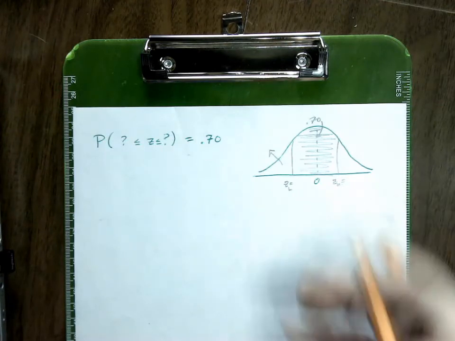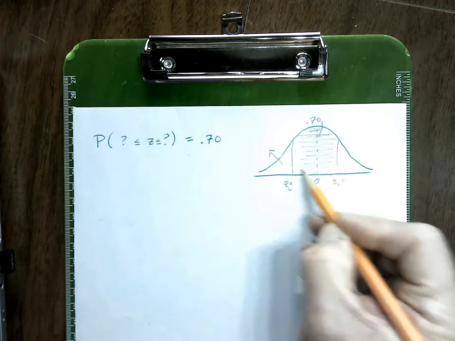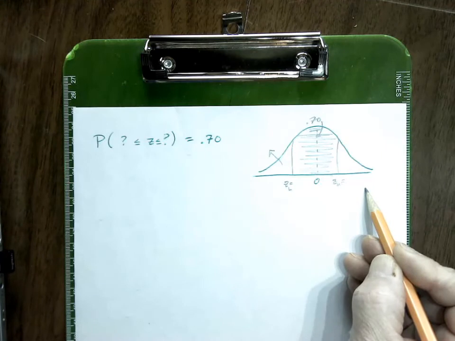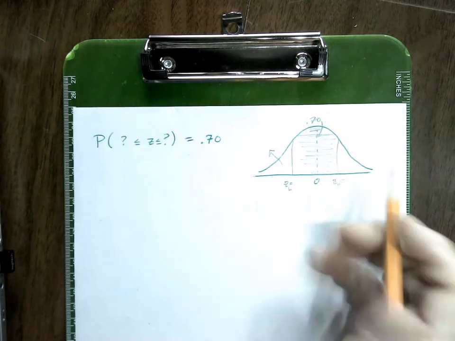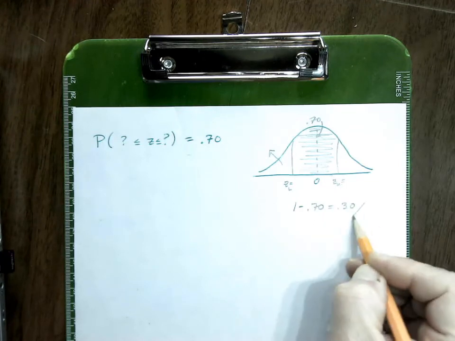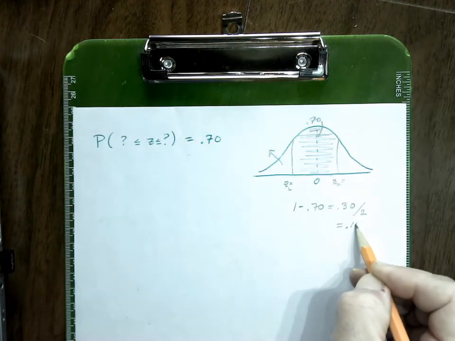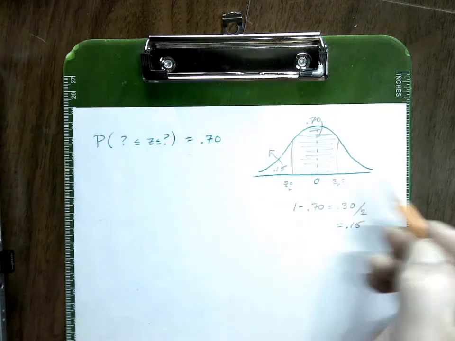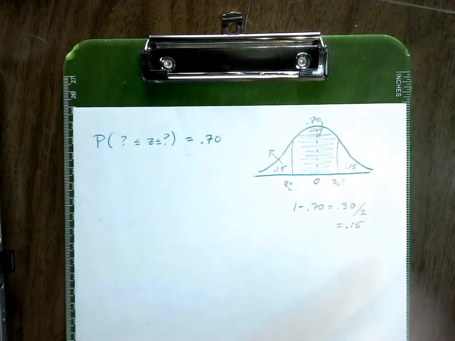So let's see. If this is 70% and the whole thing is 100, then that leaves 30% for these tails. And if I divide those in half, that leaves 15% for each tail. So this tail here is 15%, and this tail here is 15%.